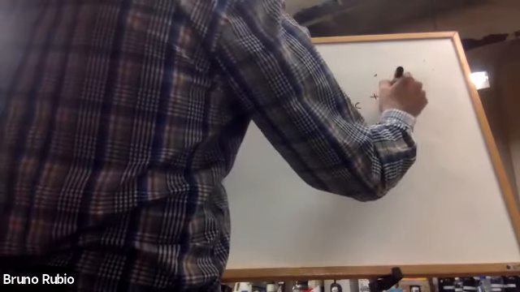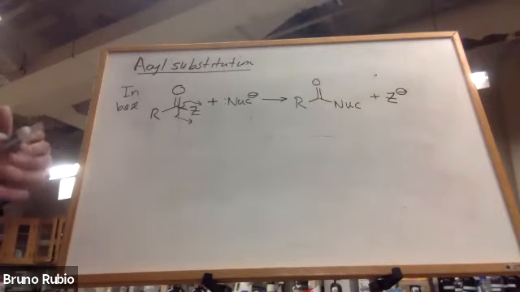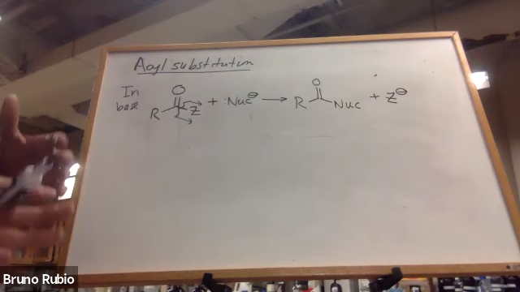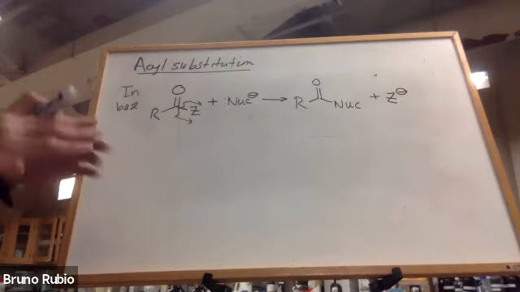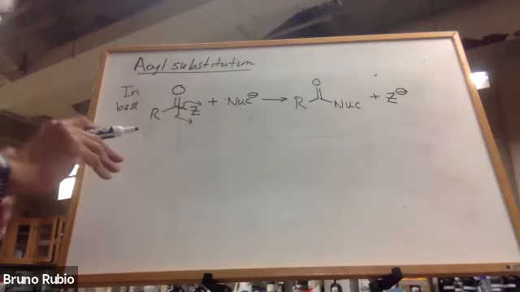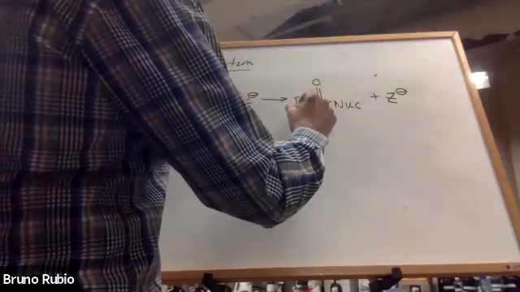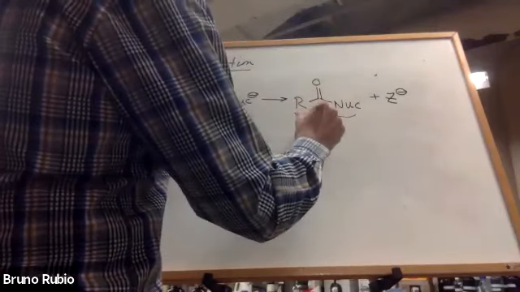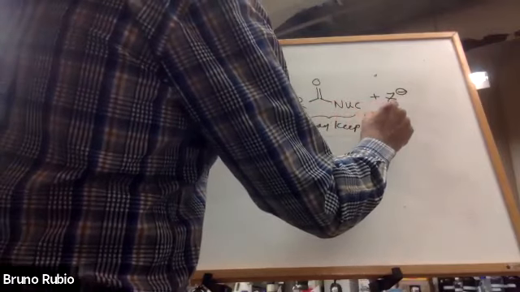And so the leaving group leaves as Z minus. Okay, so that's acyl substitution under basic conditions, but the issue with acyl substitution under basic conditions is that this thing here may continue to react, may keep on reacting.